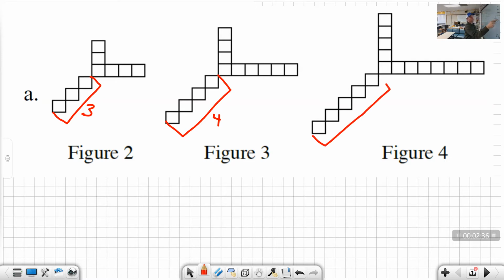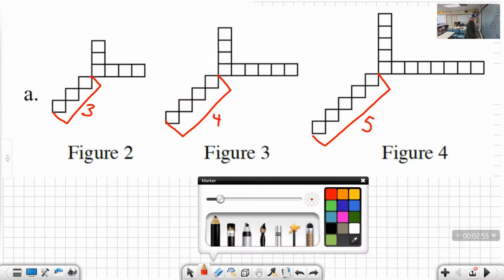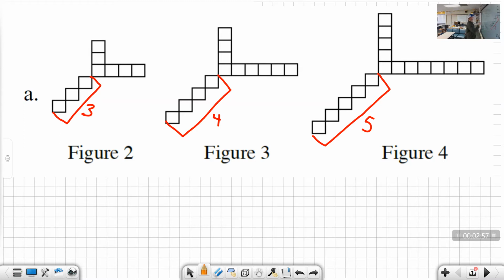This diagonal section has 5. That's all about counting and breaking it down, but you also need to be able to connect it to the figure, because that's going to help you predict the future in a moment. So there's the diagonal section. If I look at the horizontal section, I've got 4. I have 6. I have 8.